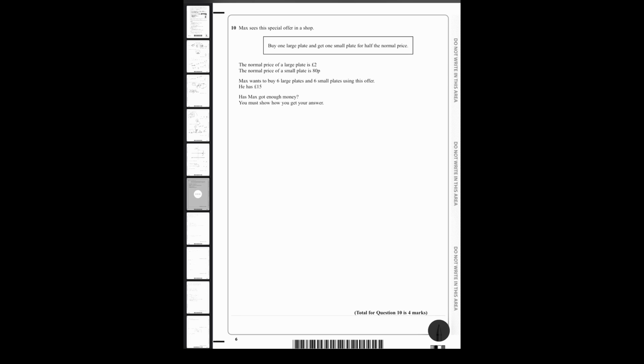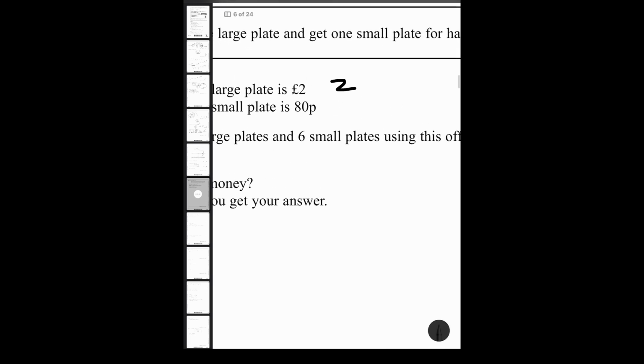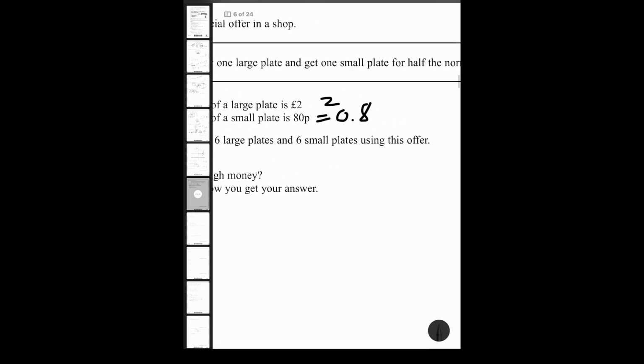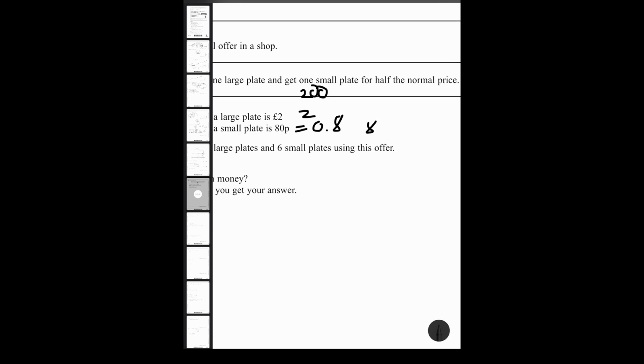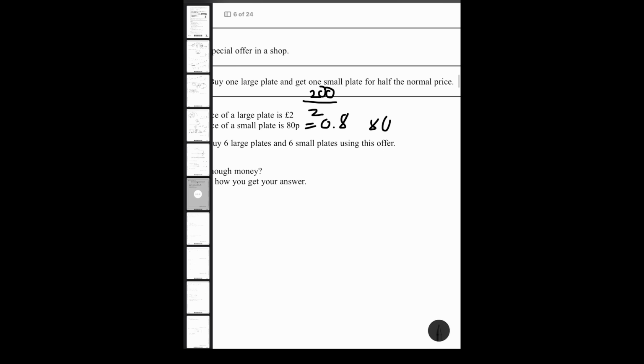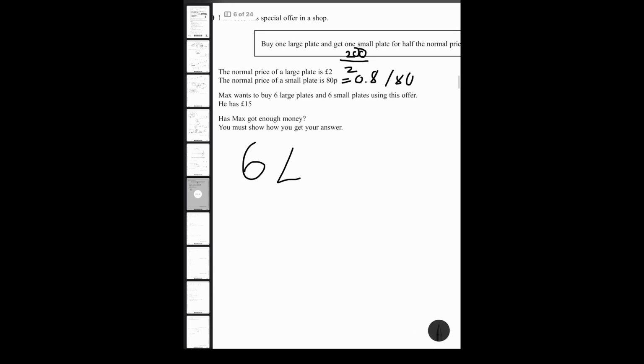You can look at this like 80p is 0.8 pounds, or you can do £2 as 200p and a small plate as 80p, however you are comfortable. I'm going to do it with the decimal. Max wants to buy 6 large plates and 6 small plates using this offer.